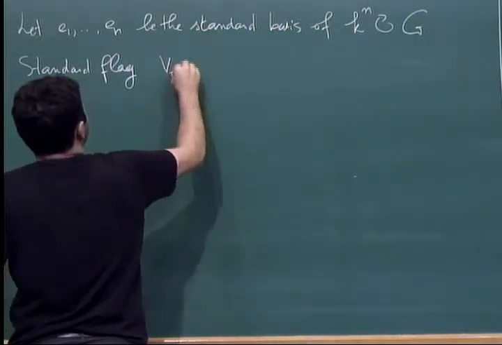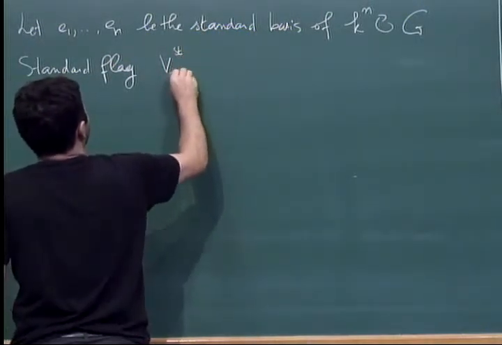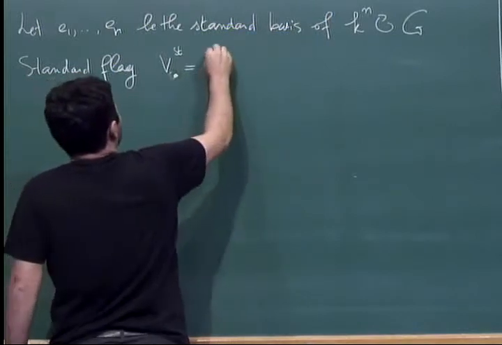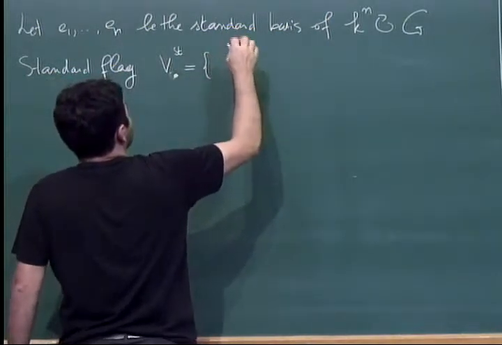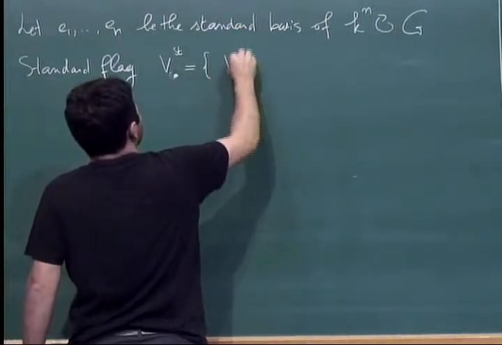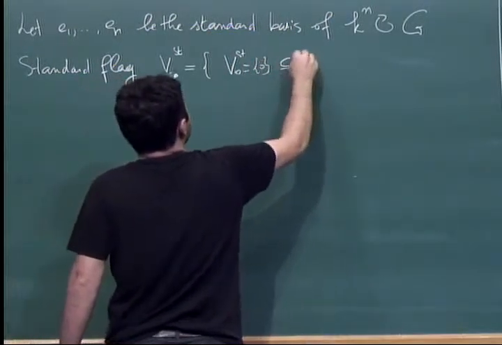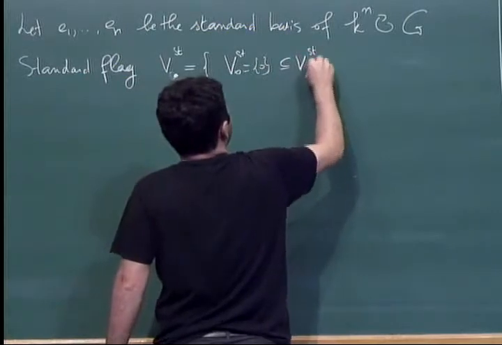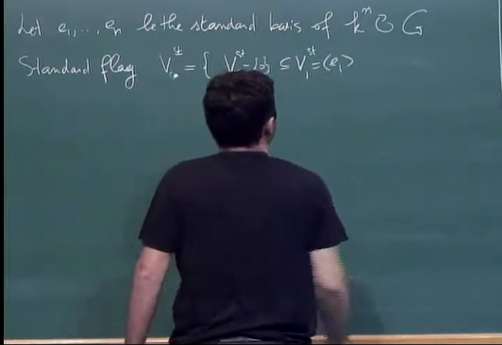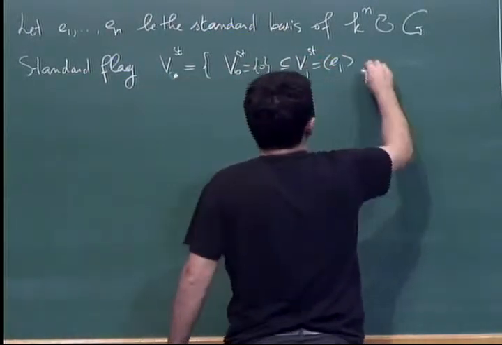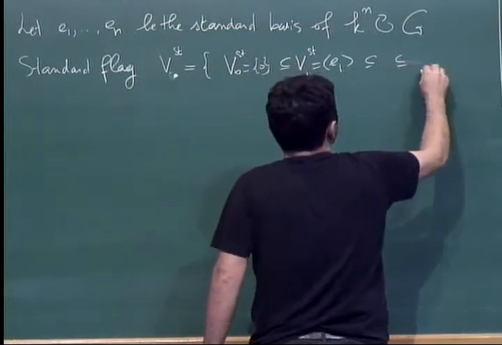I'm not sure this is a standard name, but it doesn't matter. So this one is 0. V1 is generated by e1, and so on.